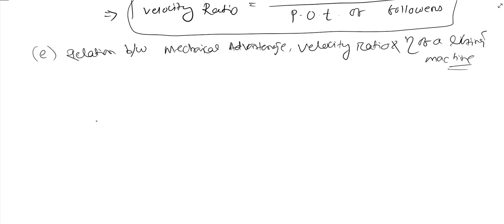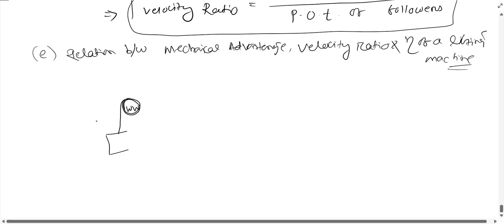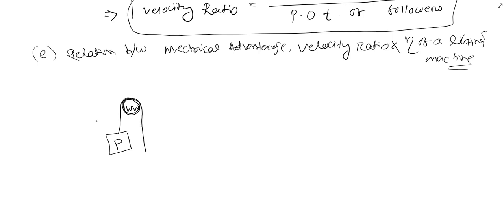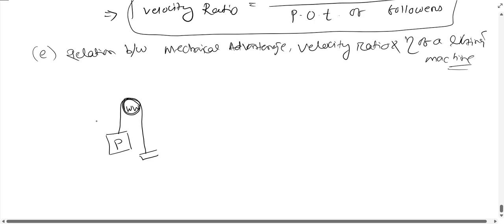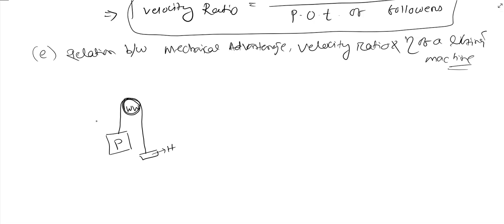Suppose a pulley is there, not a pulley, a worm wheel. On one side there is a load of P Newton, and on the other side there is a handle by means of which we can lift the load upward by moving the handle downward.